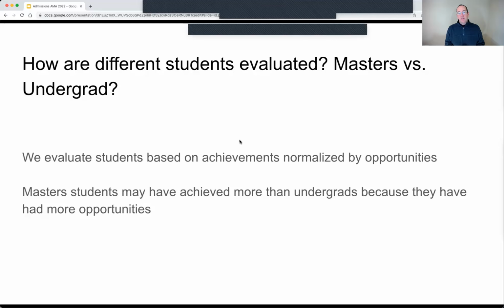And so we might expect you to shine more. And so we don't give master's students preference over undergrads, but master's students have had more ability to demonstrate what they can do given opportunities, right? I don't think in the end result of our process that we bias towards either one of these categories. I'm not aware of that at all.